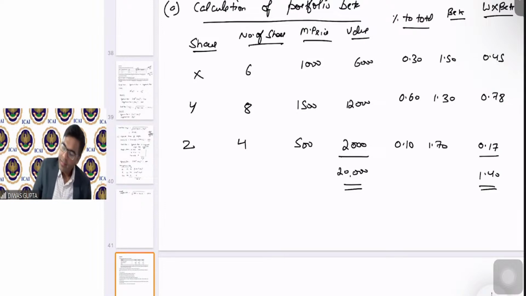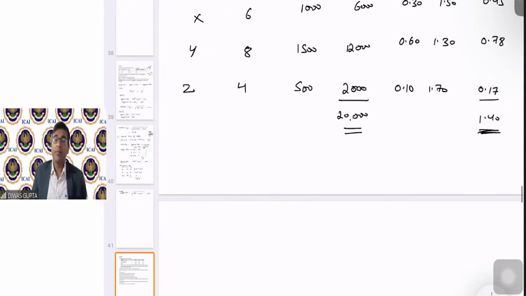So can we say that since the portfolio beta is 1.4 and the market is definitely at 1, it is higher risky? Yes.